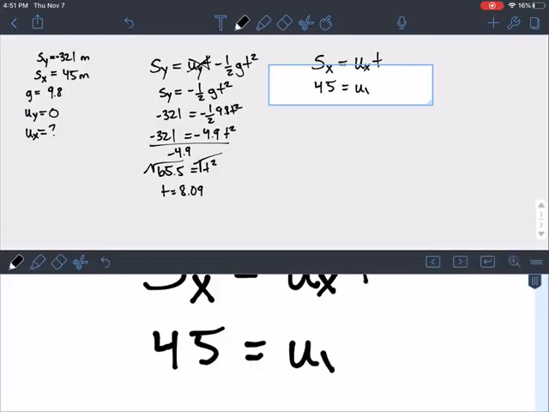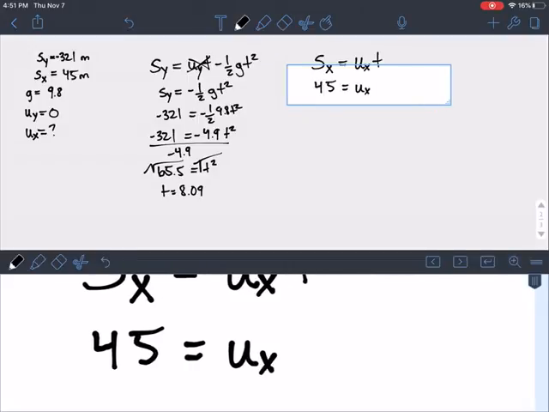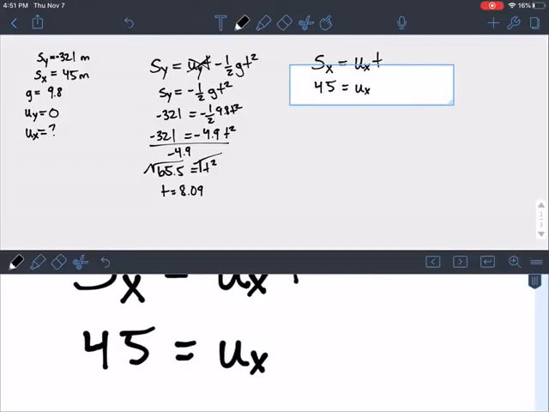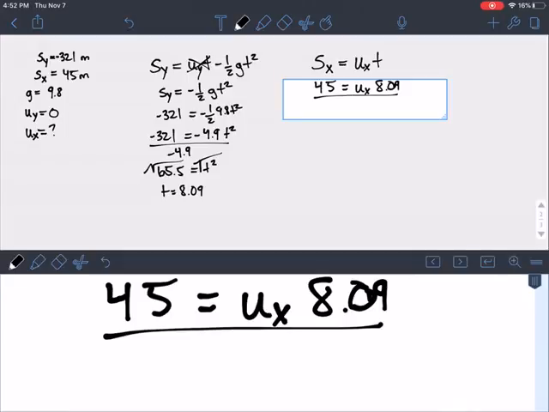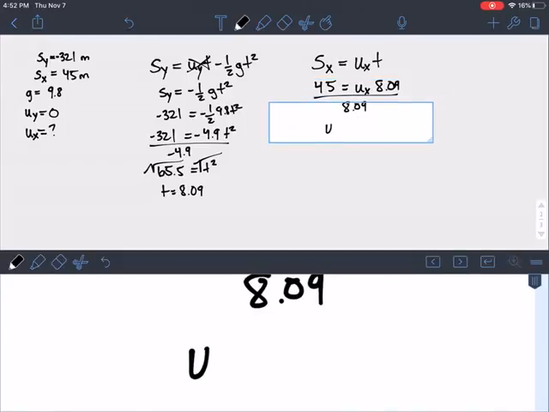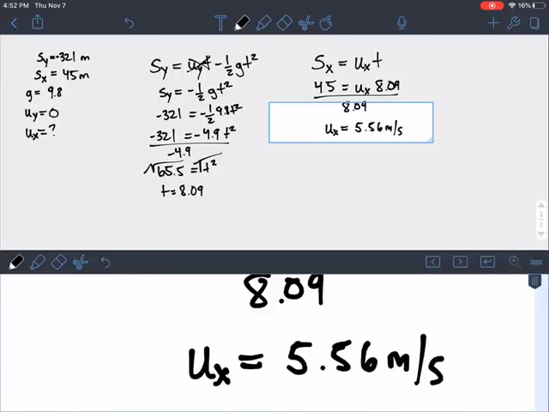And I don't know ux. And I found this quantity in time in the y direction, which was, I'll just put 8.09 on here, but just remember that I did not round in my calculator. Then all that's left is to divide both sides by the time, and I get an initial velocity of 5.56 meters per second.